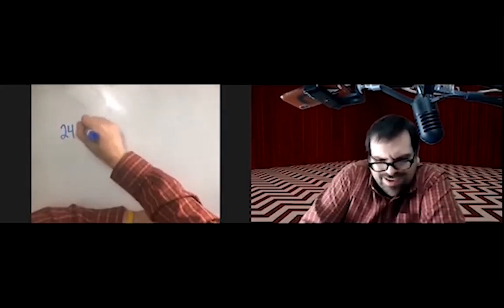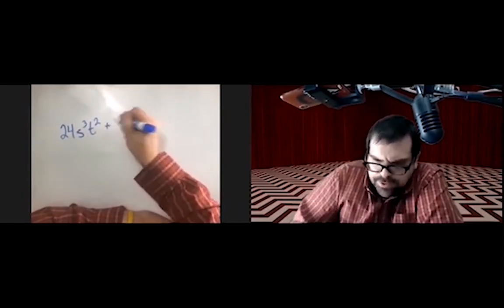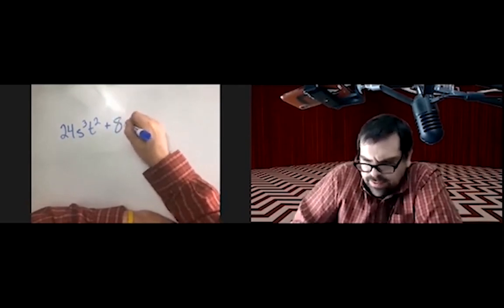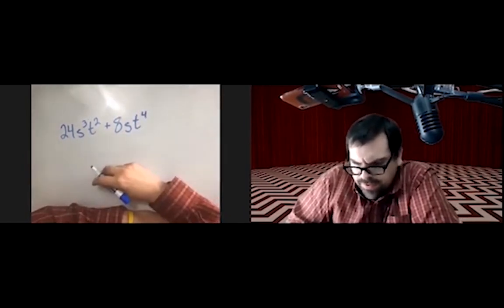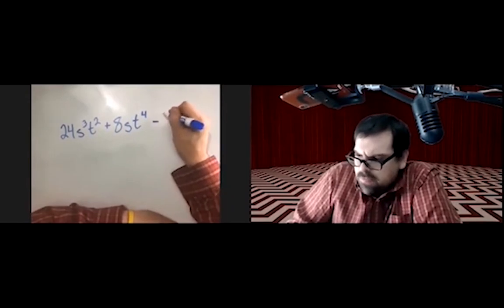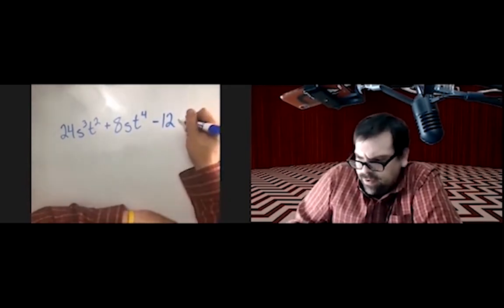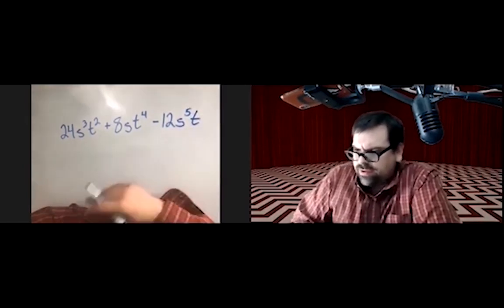24s cubed t squared plus 8st to the fourth minus 12s to the fifth t.